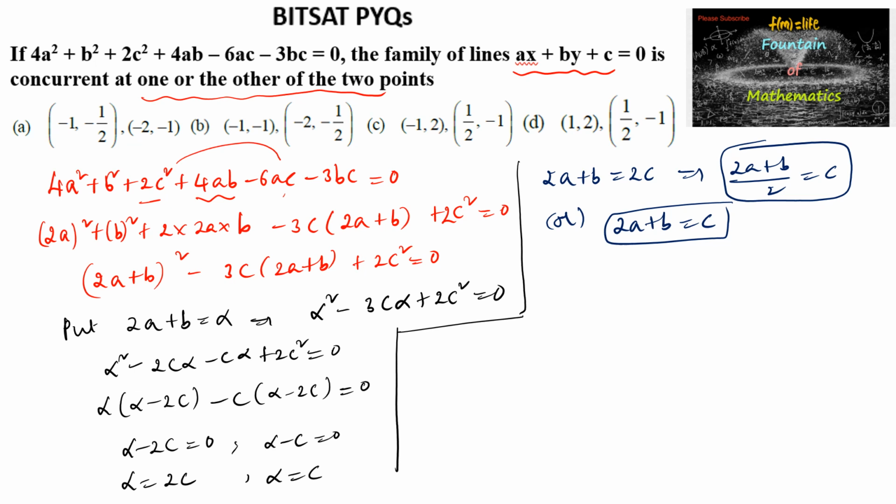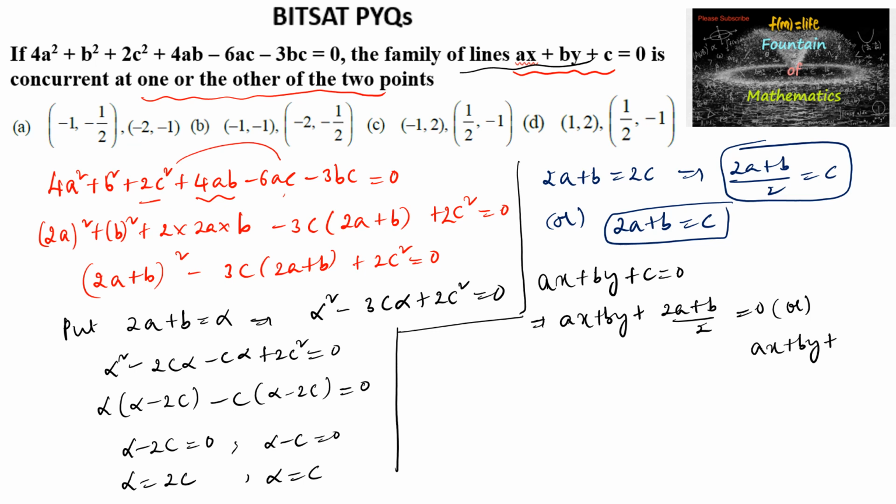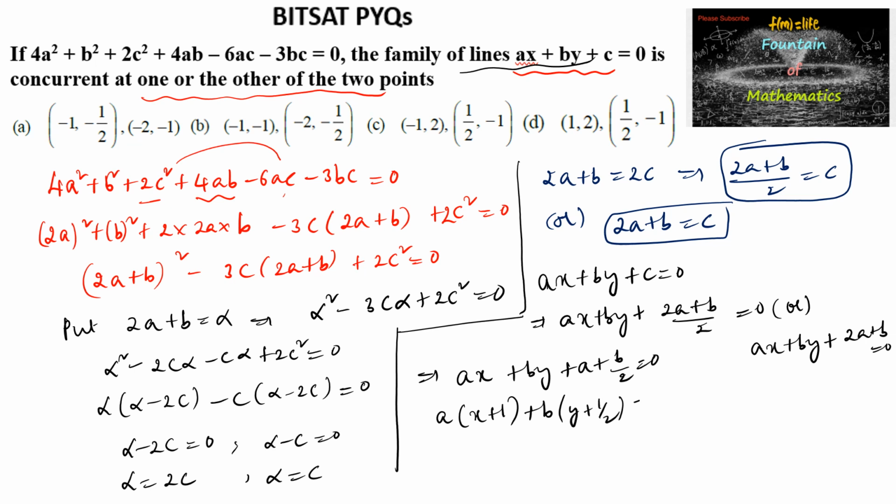And now, since it is given family of lines is ax plus by plus c is equal to 0, which can be taken as ax plus by plus 2a plus b upon 2 is equal to 0, or we can write ax plus by plus a plus b upon 2 is equal to 0, or we can take a common, x plus 1, b common, y plus 1 by 2 is equal to 0.